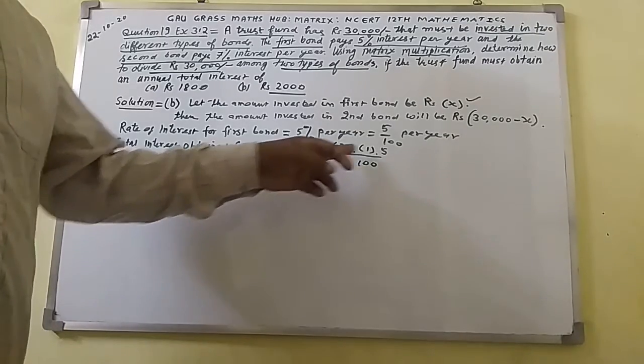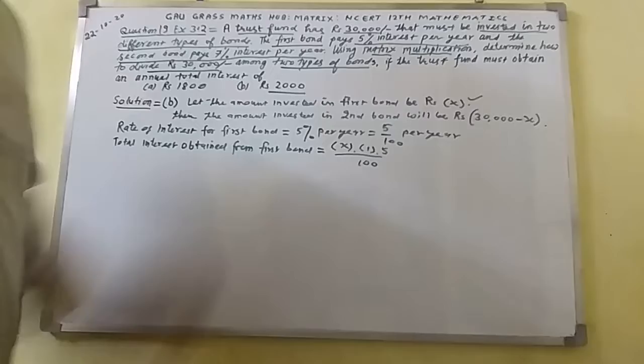This is the simple formula for simple interest: principal into time into rate upon 100.